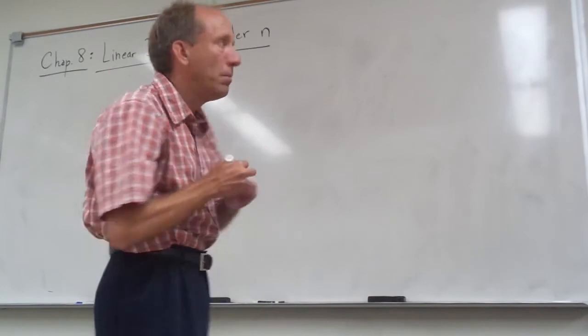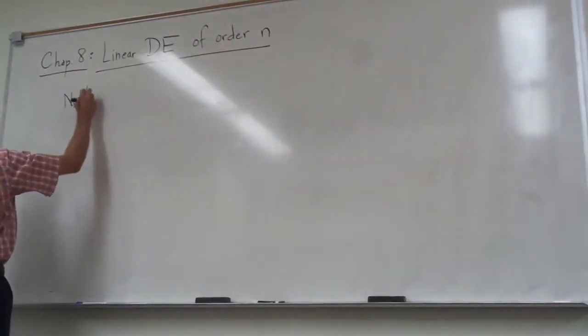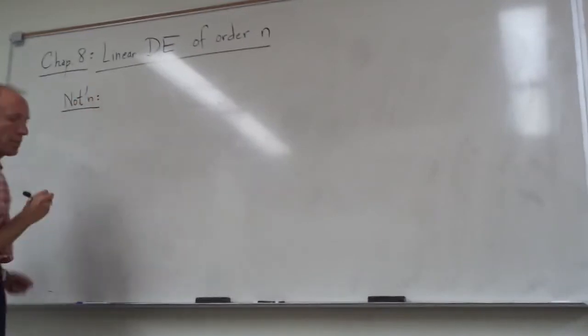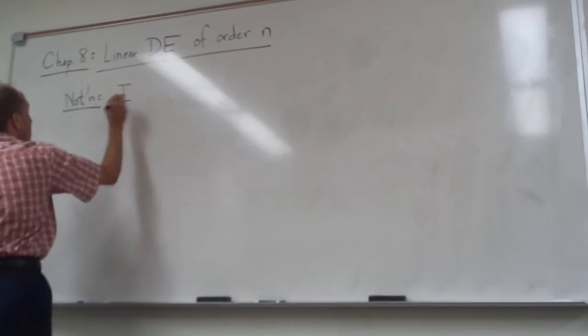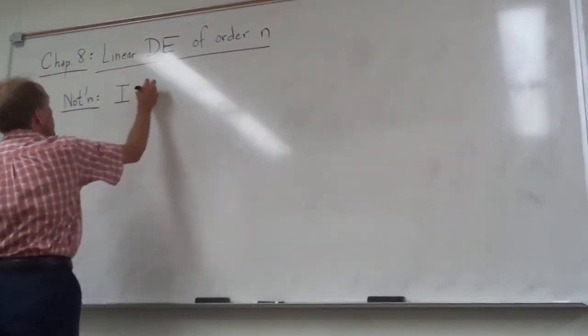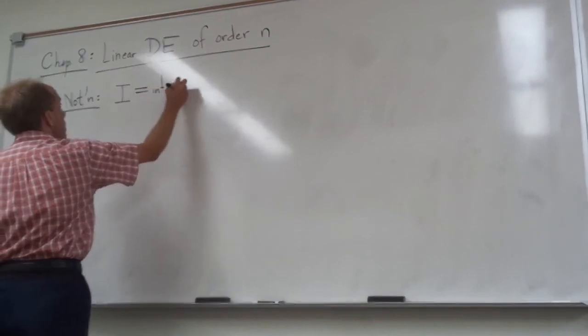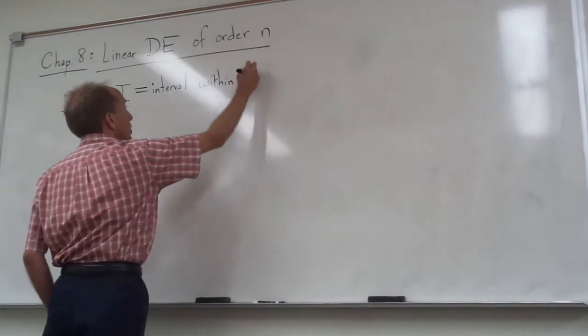Just a couple of pieces of notation that will be useful for us to get started. We're going to be sometimes looking at functions that are defined on an interval I. So I is going to represent an interval within the real numbers.